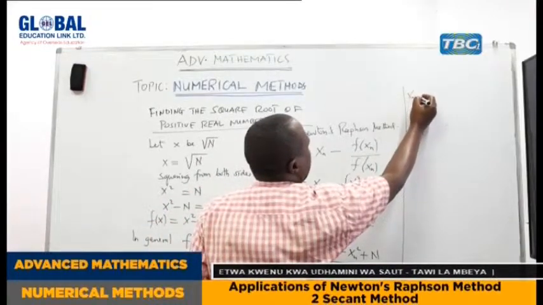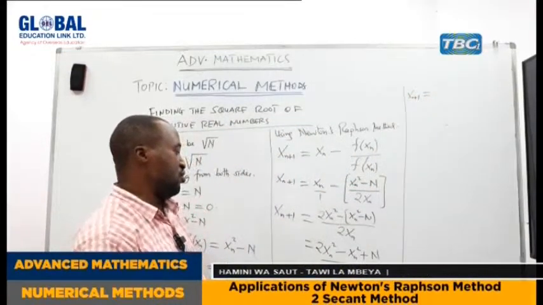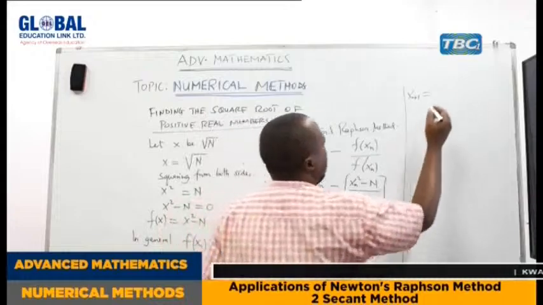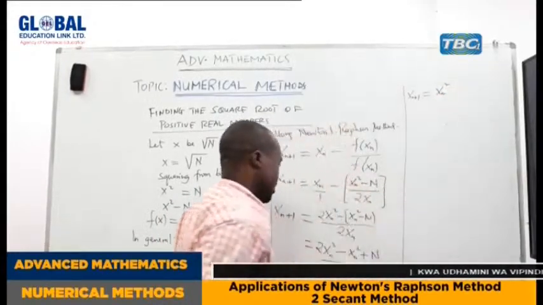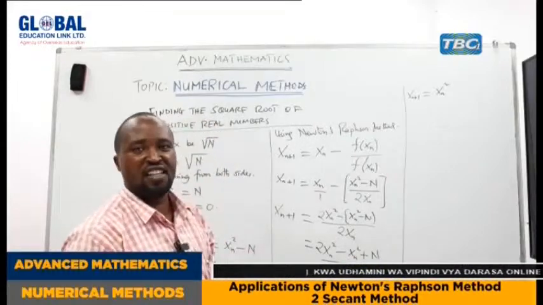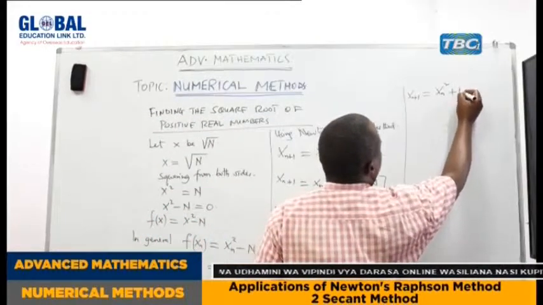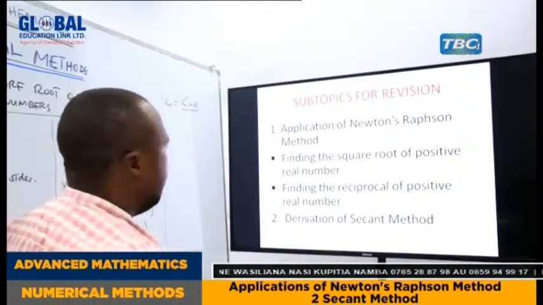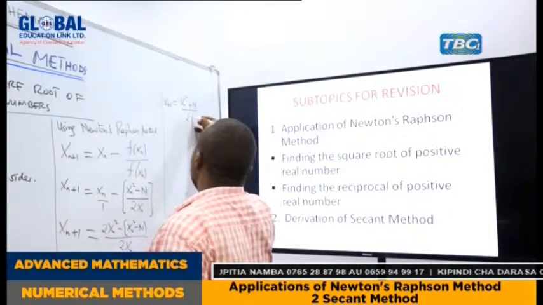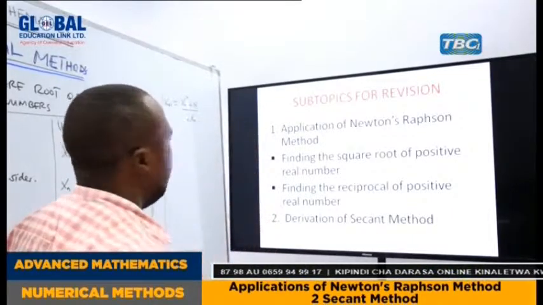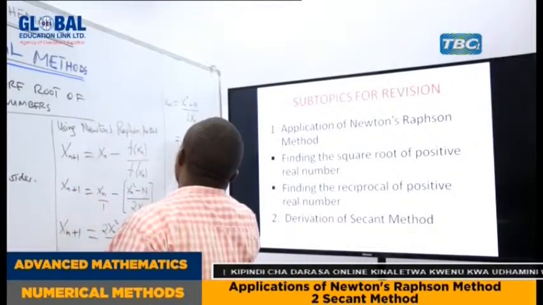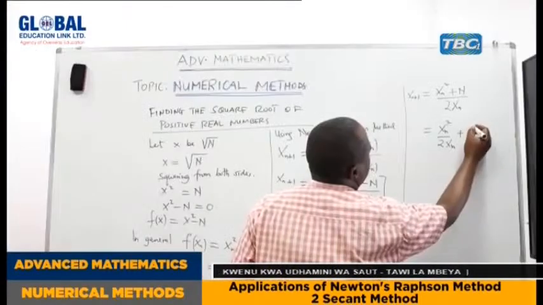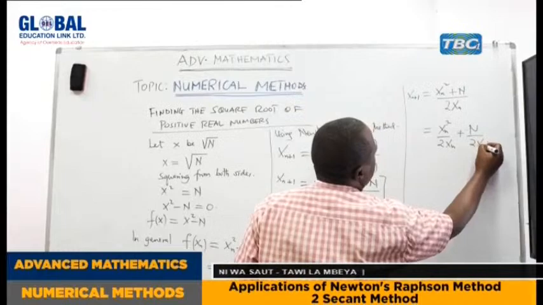So xn plus 1 will be equal to 2xn squared minus xn squared. So we are going to remain with xn squared, and then we have plus n over 2xn. So here we divide by 2xn. In that case, this can be written as xn squared over 2xn plus n over 2xn.